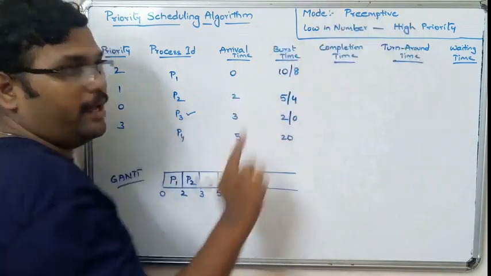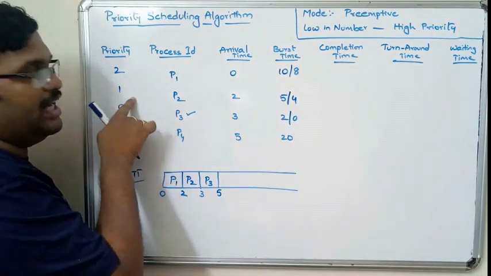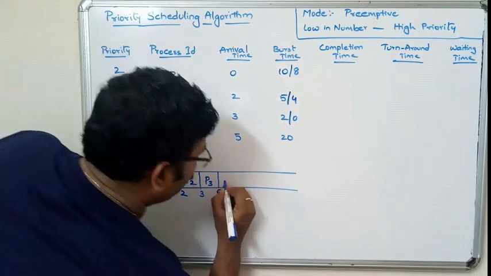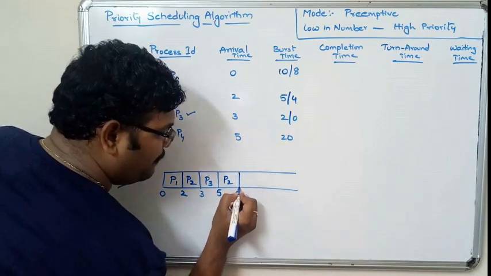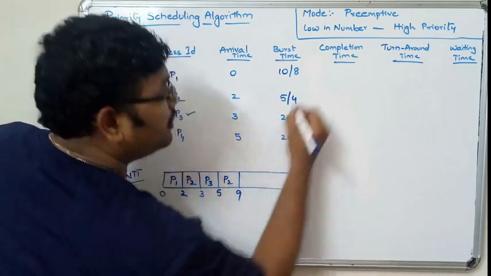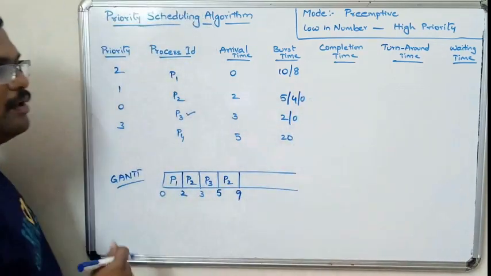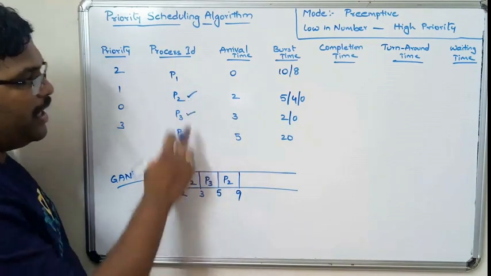So here low in number is having high priority. So 1 is the highest priority. So P2 is having highest priority. Now P2 is allocated to the CPU. So P2 completes its execution. So 4, so 9. Now at the time of 9, P2 completes.